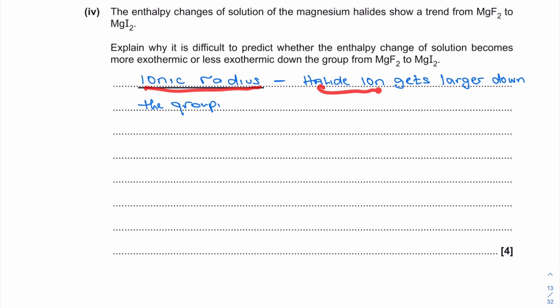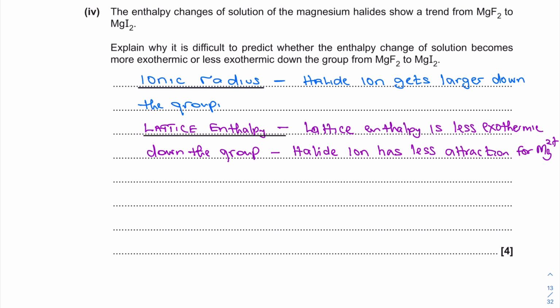The halide ion gets larger down the group. The second thing will be the lattice enthalpy. The lattice enthalpy is less exothermic down the group. Therefore, the halide ion has less attraction for magnesium 2+, because they get bigger, and the distance between the magnesium 2+ and the halides gets larger.